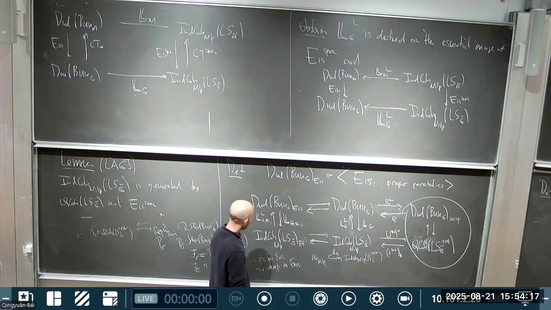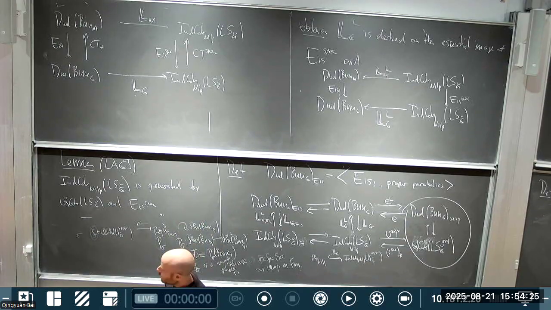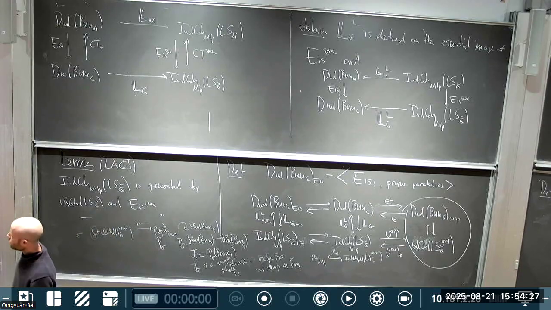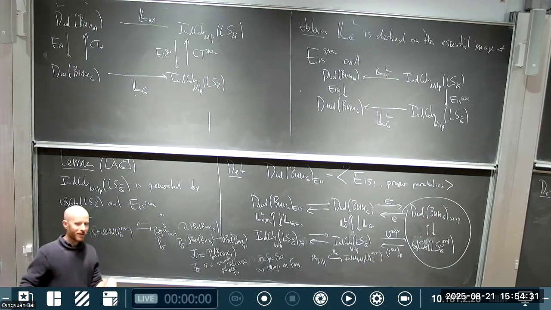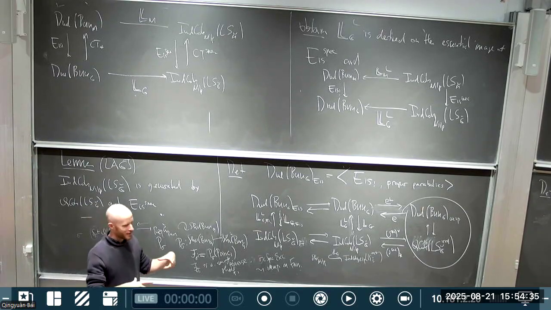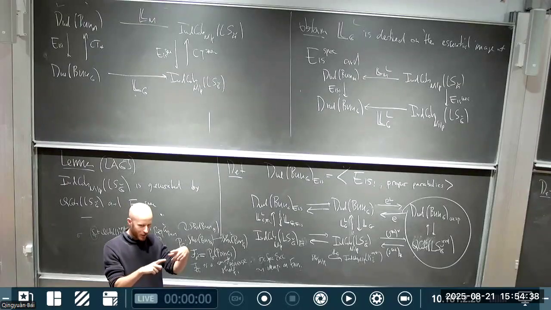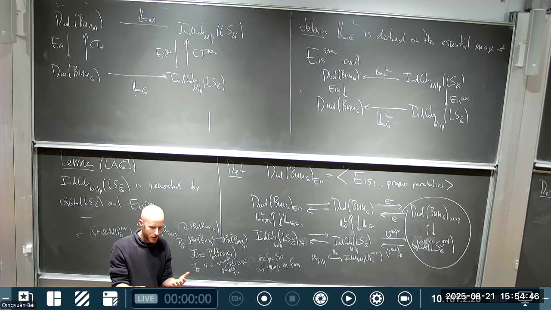That's thing one. Let me try to answer thing two. Dennis drew two commutative cubes, which he then erased. Okay, let me just call them squares. The first commutative square was about computing what the Langlands functor does to Eisenstein series, which is about computing Whittaker coefficients of Eisenstein series.